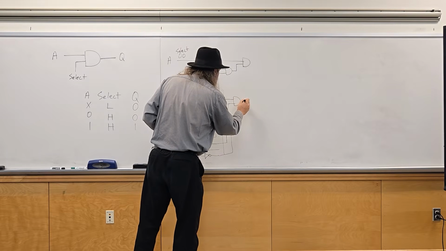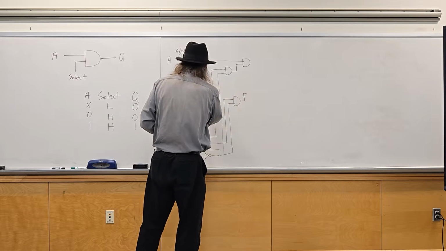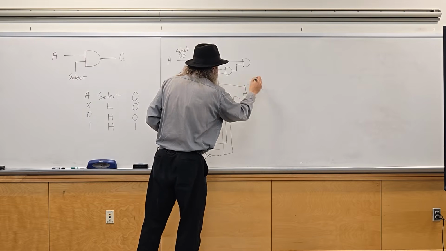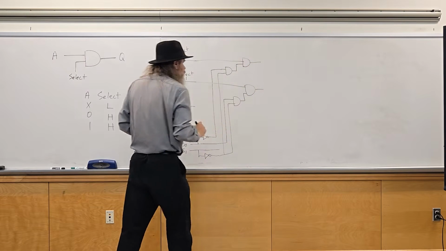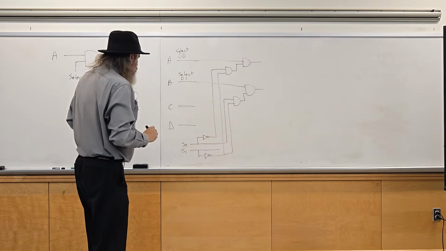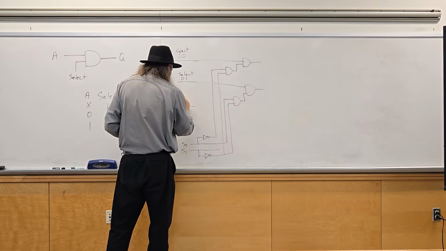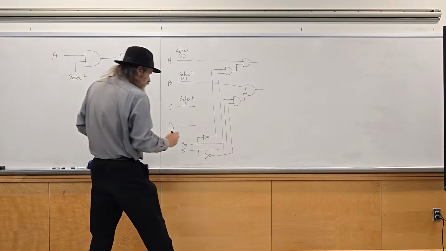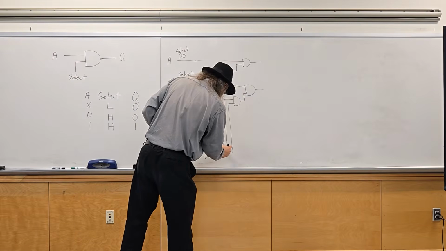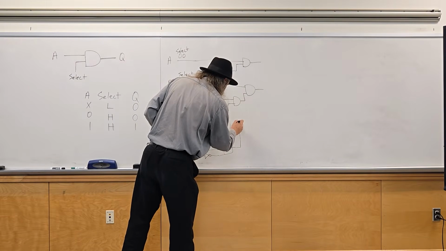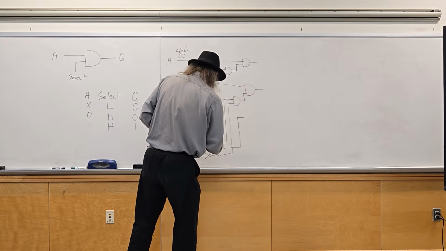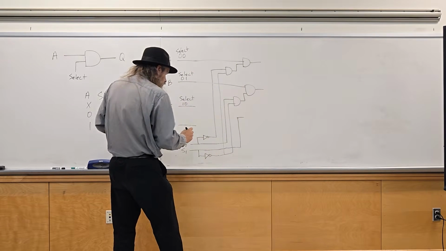Creating your selection for the data selector for B. For C, select is going to be 1, 0. So it'll be S1 and not S0.